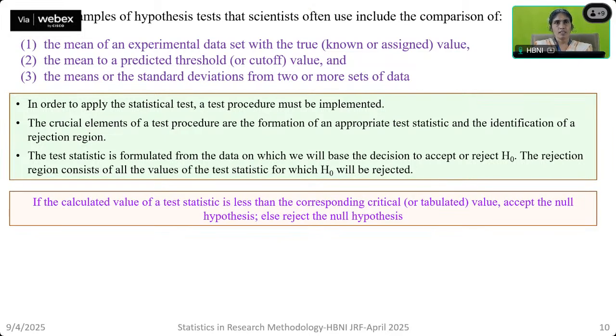After the testing, if the calculated value of your parameter, say the t statistic or the z statistic, whatever you apply for your experimental data and theoretical data, or sometimes experimental and threshold value, or maybe between two independent experimentalists, is coming out to be less than the corresponding critical value or the tabulated value, then we accept the null hypothesis.